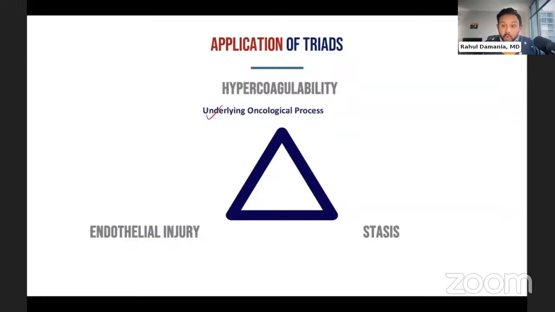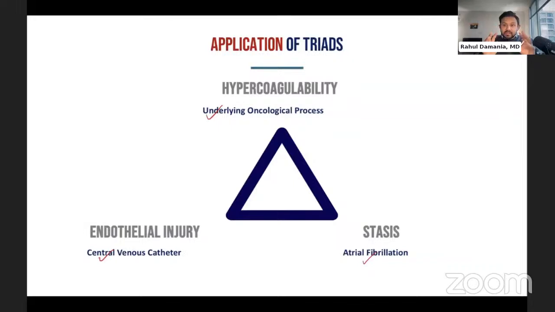Maybe the female is on oral contraceptives. Maybe for endothelial injury, they talk about placement of a central venous catheter that caused the venous injury. Or they say something like sepsis and cytokine injury. Or they give you a patient with AFib, and they want you to recognize that AFib or a prolonged truck ride or an airplane ride is going to be related to stasis.